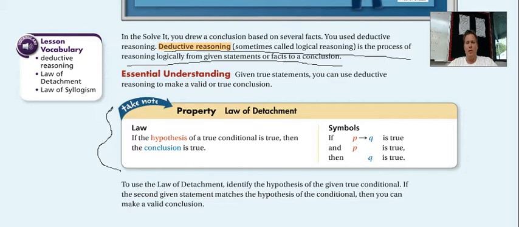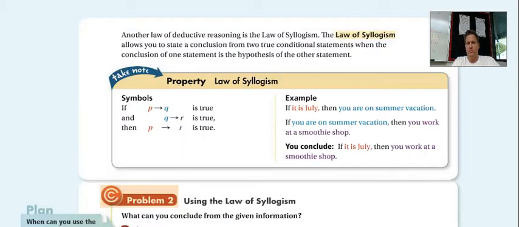The reason why it's called the law of detachment is because if both of these are true, the if and the then separated, then they both would be true as well. So if you have the true conditional, the if and then, if my hypothesis is true, then also my conclusion is true. So even if they are detached, that's why it's called the law of detachment. Okay? Alright, let's go on to our next one right here.